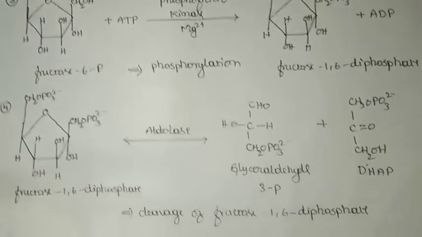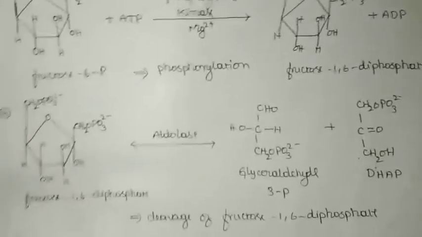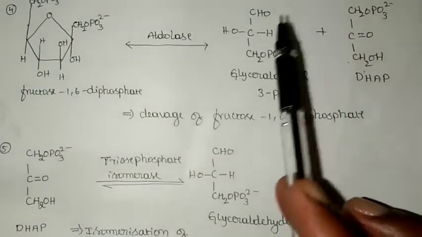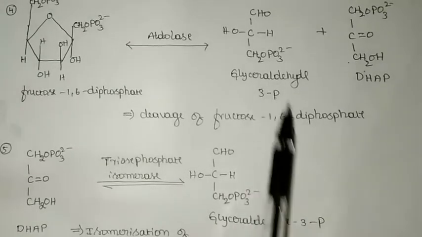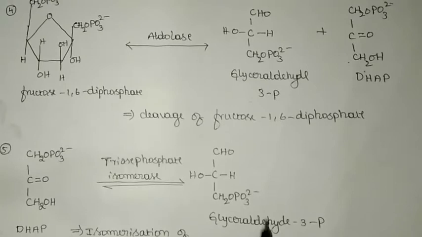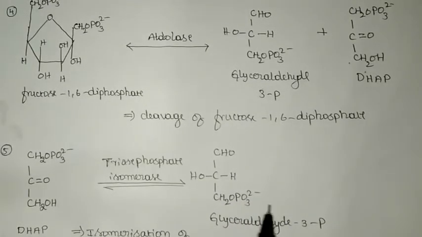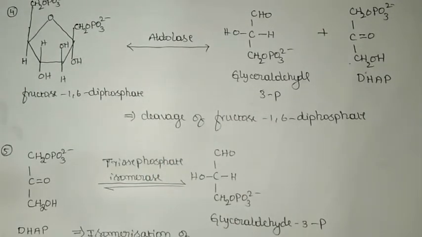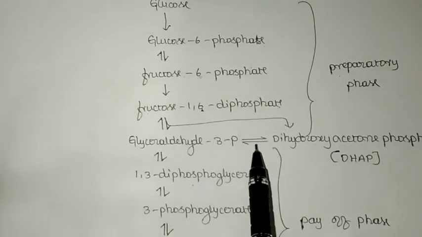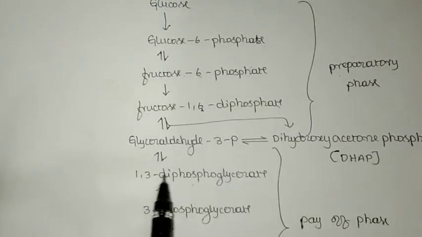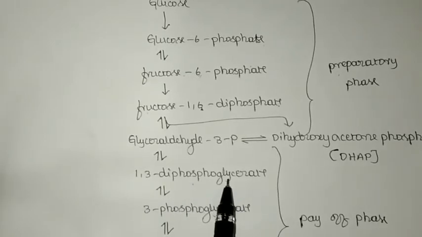And here you can notice, from one glucose molecule, totally we are having 2 glyceraldehyde 3-phosphate molecules. So now the reaction will proceed from the 2 glyceraldehyde 3-phosphate molecules. So now the sixth conversion: glyceraldehyde 3-phosphate will first convert into 1,3 diphosphoglycerate.